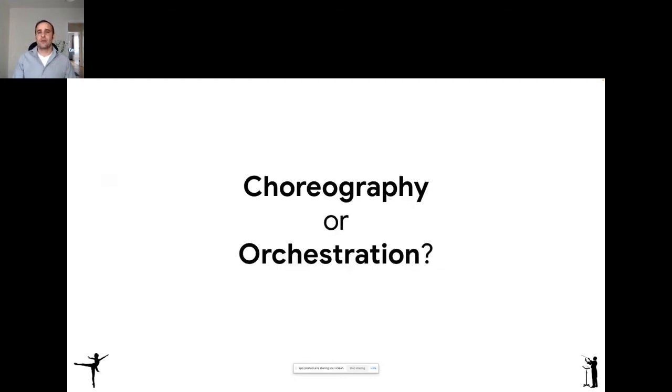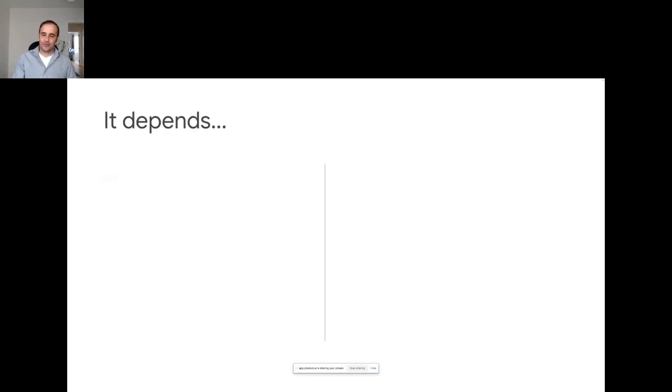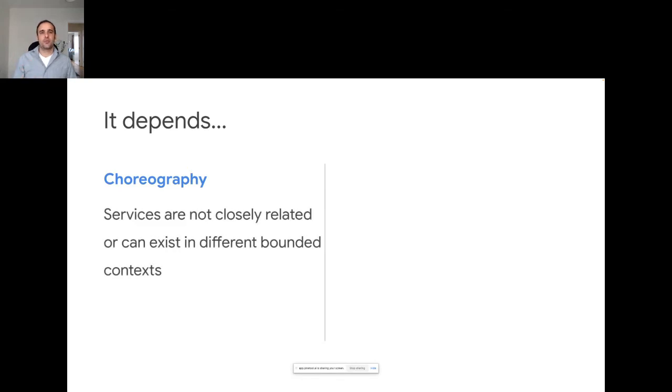So you might be having a question right now: which one is better, choreography or orchestration? And as I said before, it depends. But there's usually a couple of guidelines I use to decide which one to use. Usually I start thinking about choreography when my services are not closely related. If my services are quite independent, they do their own thing, they don't really need to call each other in a certain order, then that's when I start to think about an event-driven architecture.